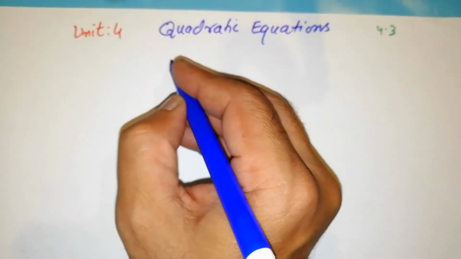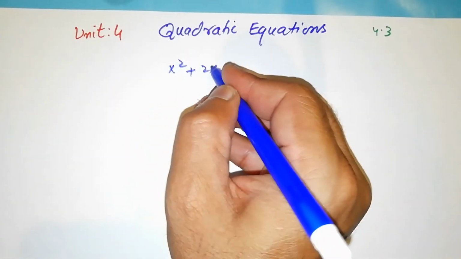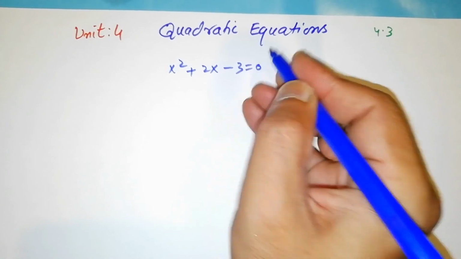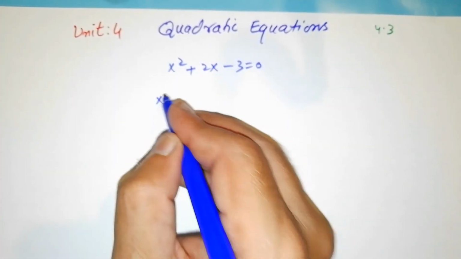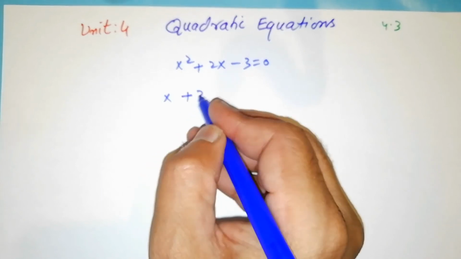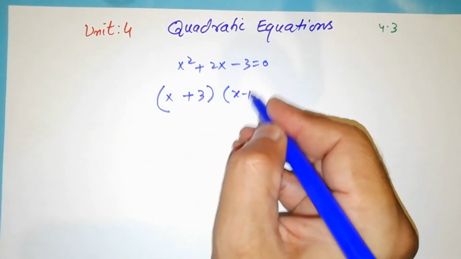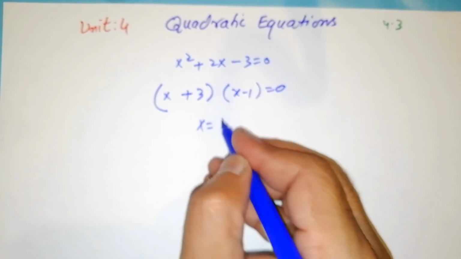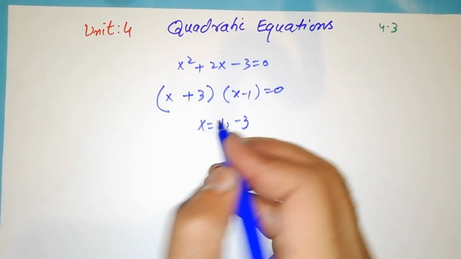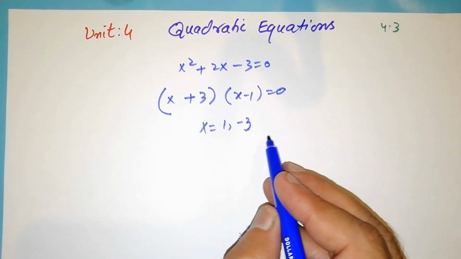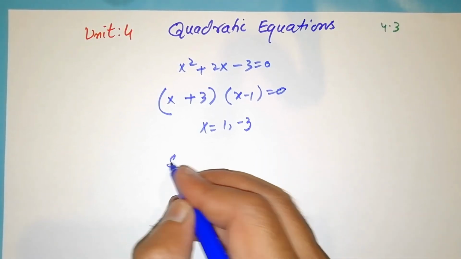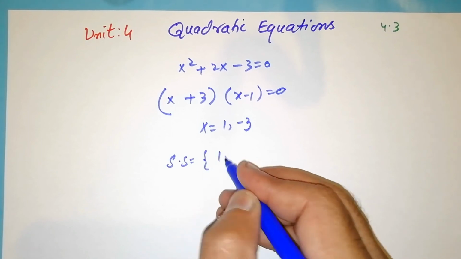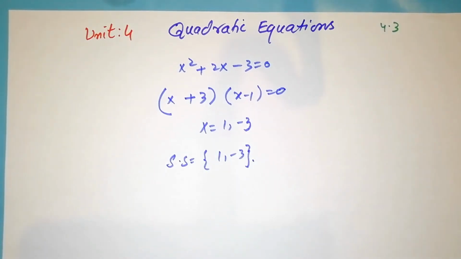So from here you see we have x² + 2x − 3 = 0, and we factorize this term: (x + 3)(x − 1) = 0, which gives 1 and −3. So these are the two roots. Solution set {1, −3}.